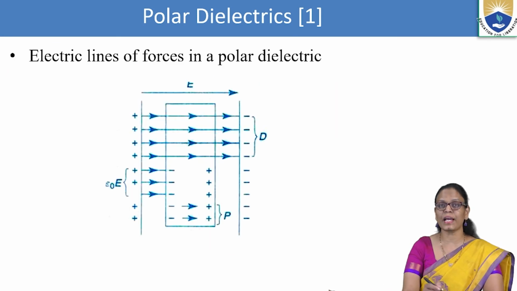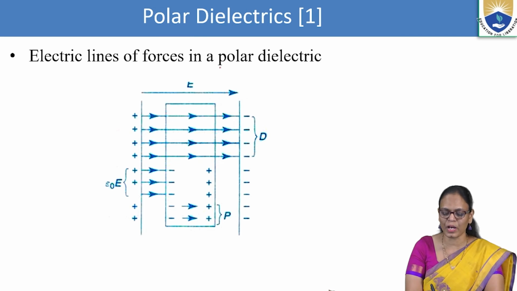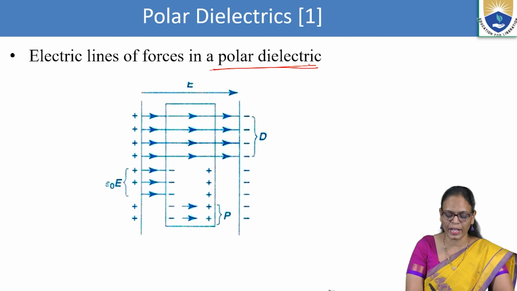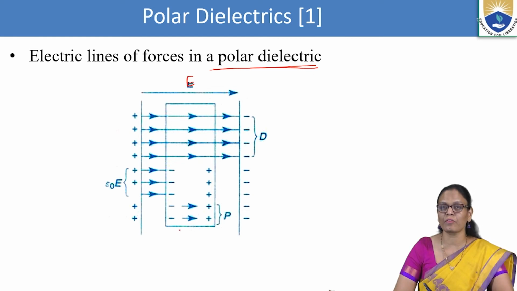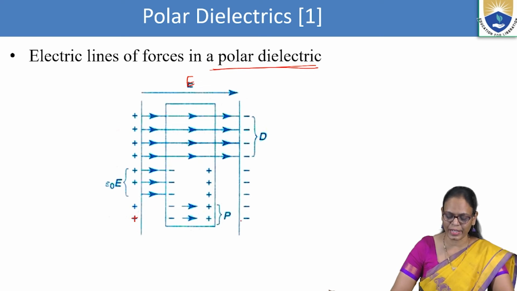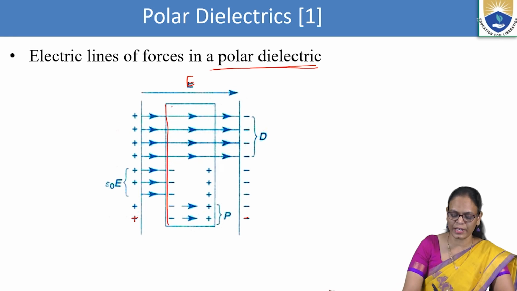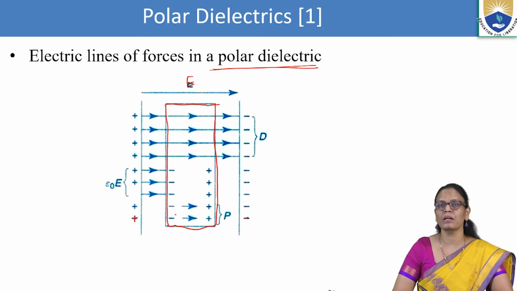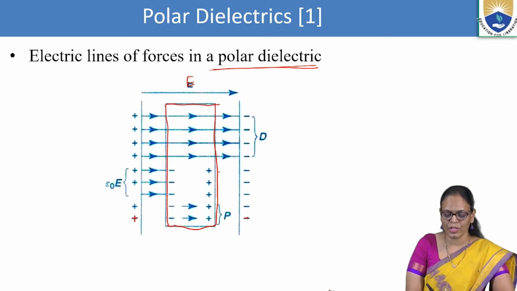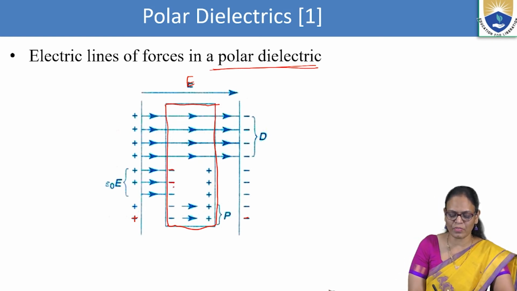Now how are the electric lines of force in a polar dielectric? If this is the external field and this is the dielectric we have placed, what will happen? On placing the dielectric in an electric field, polarization will occur.